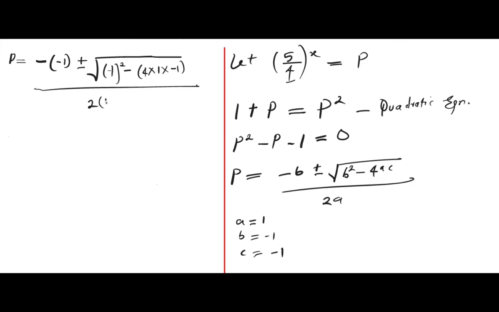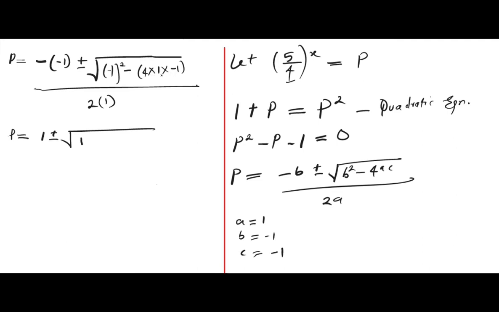So p equals 1 plus or minus root of, negative 1 squared is 1, minus 4 times 1 times negative 1.